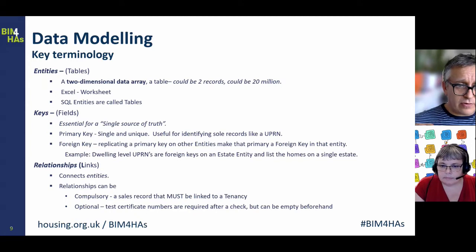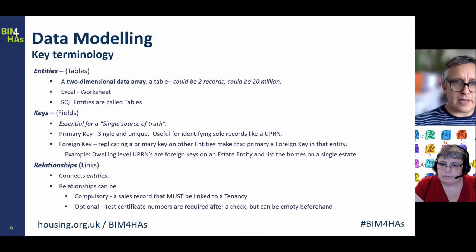And that is enabled by the primary key, which is single and unique. It's useful for identifying sole records like a unique property reference number. A foreign key is taking a primary key from other tables or other entities and putting it into a new table.